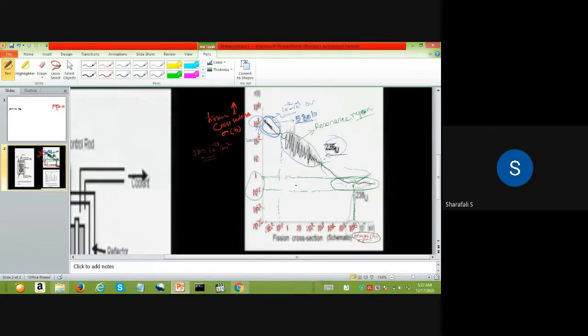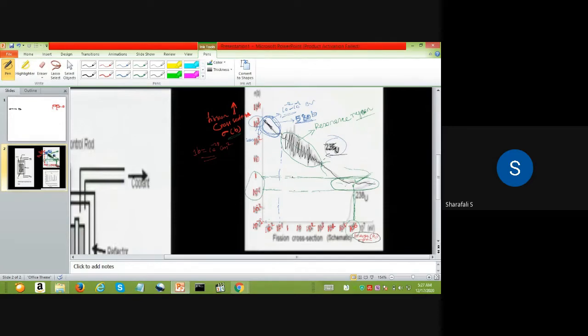That is, the probability of these neutrons being absorbed by the nucleus will be less when the energy of the neutron is large. In that sense, the fission cross section gets reduced if you increase the energy.